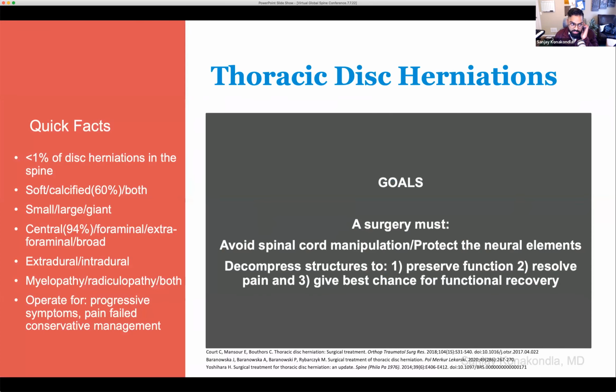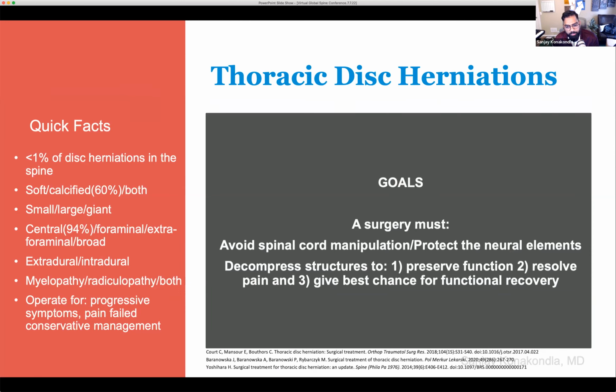Just some quick hits on some obvious facts about thoracic disc herniations, which we probably all know. Depending on what you read, it's probably 0.4 to 4% of all spine disc herniations. We'll call it less than 1% here. They can come in all shapes and sizes, soft or calcified. Most of them are actually calcified, maybe up to 65%.